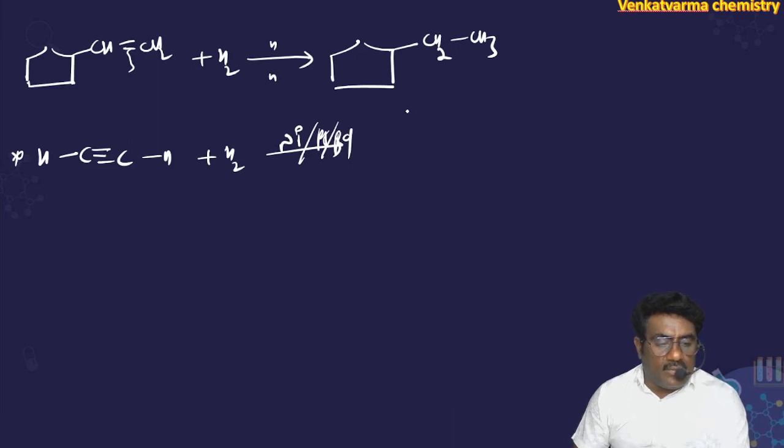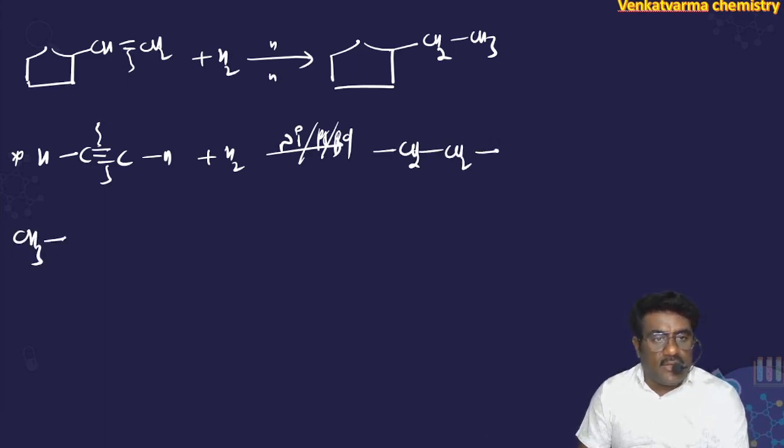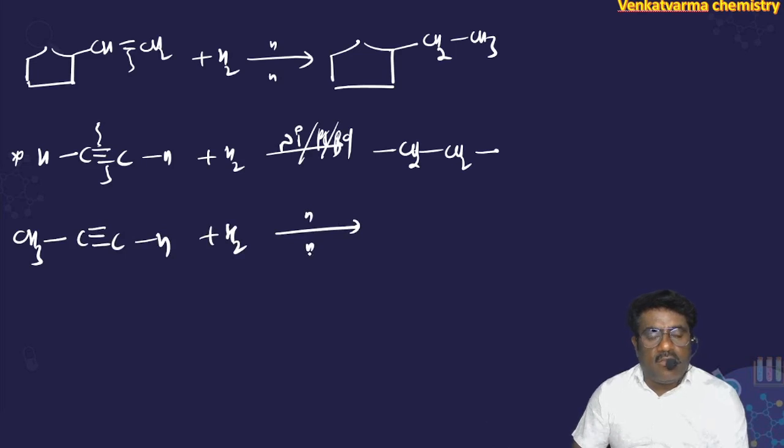Breaking of pi bonds and addition of hydrogen gives CH3CH3. Next example: CH3C≡CH in presence of H2 gas, same environment. It gives CH3CH2CH3.